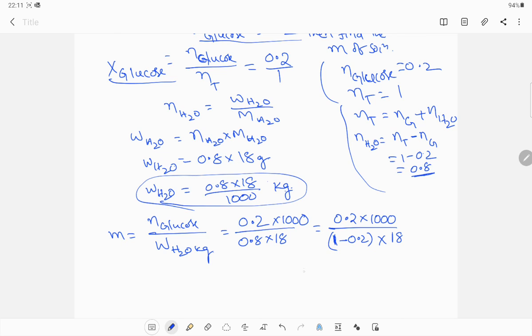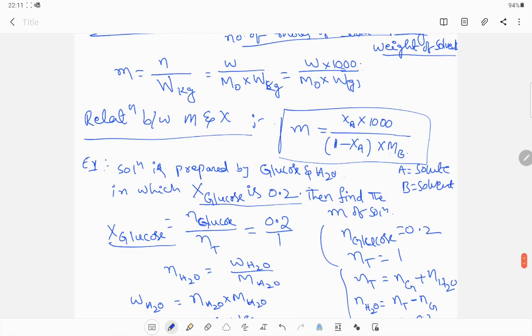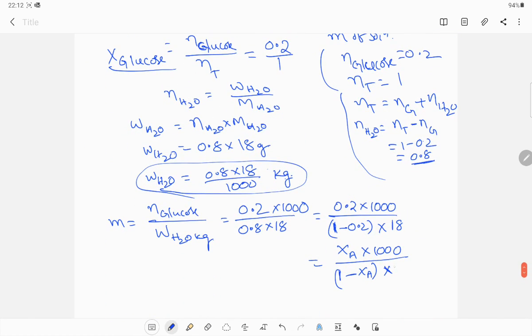Then you can write 0.2 is what? Mole fraction of A, means glucose, into 1000 by 1 minus mole fraction of A into molecular weight of B. So this is the relation between mole fraction and molality.